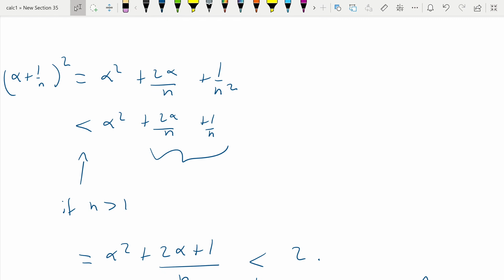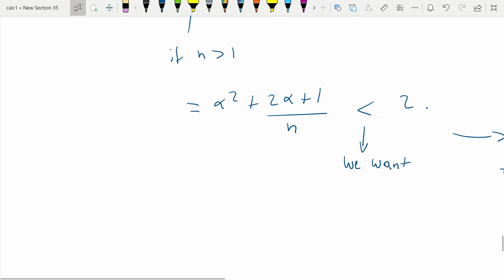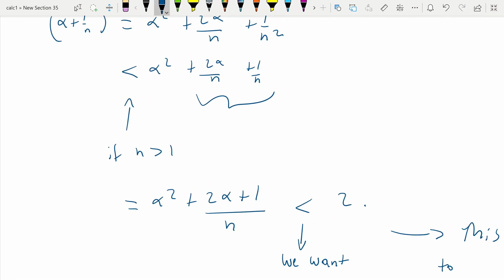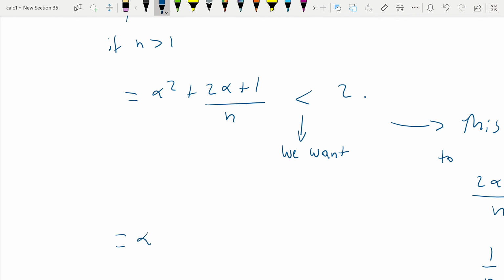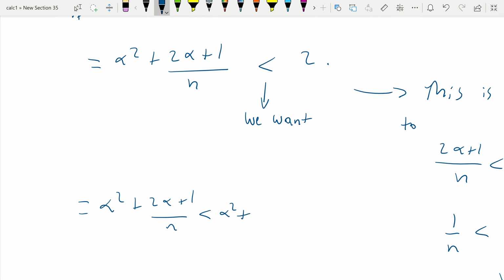And so now we can proceed and say that this quantity here will be less than 2. Since this is equal to alpha squared plus 2 alpha plus 1 over n, this is going to be less than alpha squared plus 2 alpha plus 1 is positive, remember? And 1 over n is smaller than what? Than 2 minus alpha squared over 2 alpha plus 1.